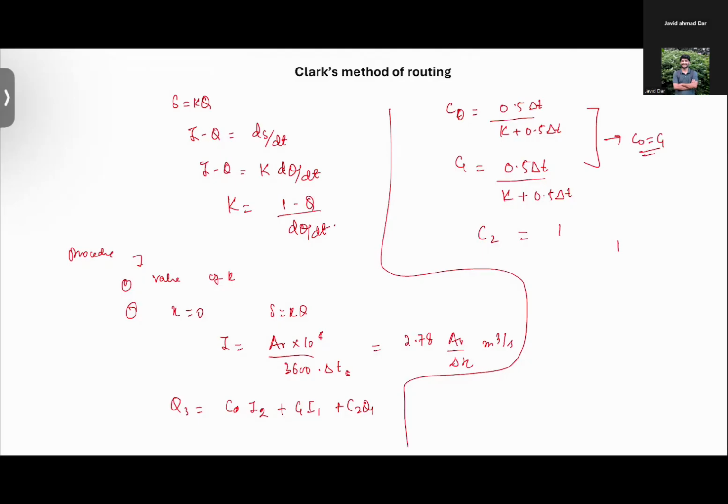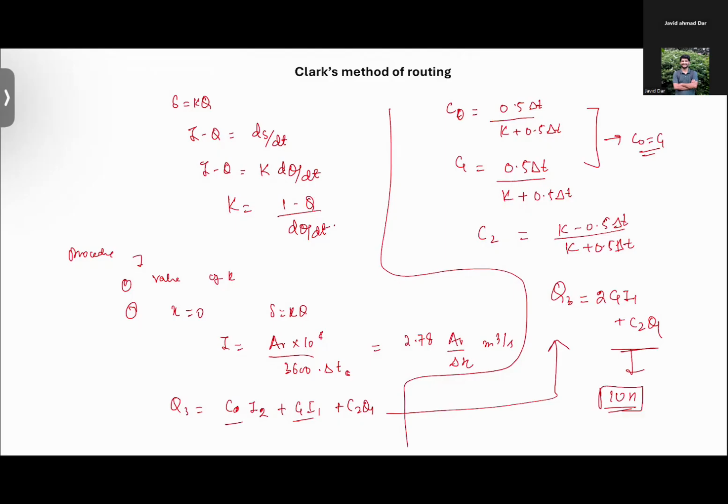And C2 is K minus 0.5 times delta T divided by K plus 0.5 times delta T. So if C naught is equal to C1, the equation becomes Q2 is equal to 2 times C1 I plus C2 Q1. But the important thing is the hydrograph that you generate here after routing is an instantaneous unit hydrograph. And from that instantaneous unit hydrograph, you can develop your own hydrograph that you are required at that cross section.